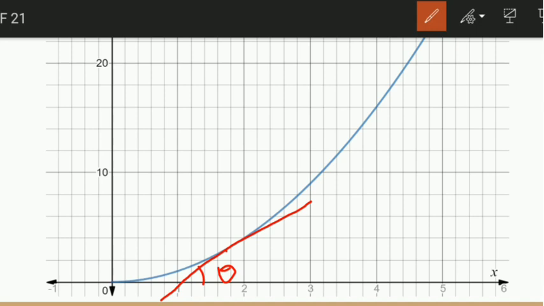But at another point, the slope is entirely different, because if we draw a straight line, theta would be different, right? So we can't find the slope of this graph as simply as we found the slope of a straight line. We will need some method because theta at every point keeps changing.